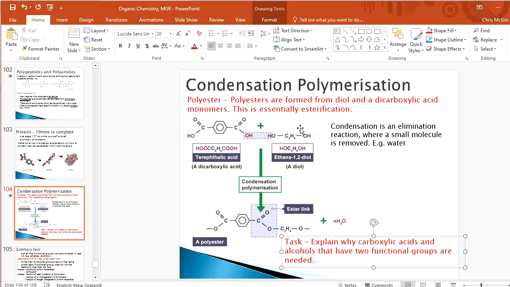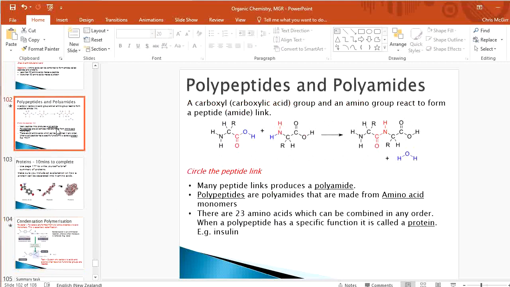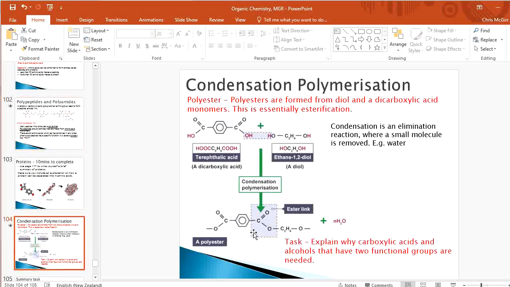The reason I've covered both polyamides and polyesters is that they come up quite often in terms of hydrolysis as well. Hydrolysis of a polyester can occur in acid or base conditions, and the same thing happens as normal hydrolysis with an ester.